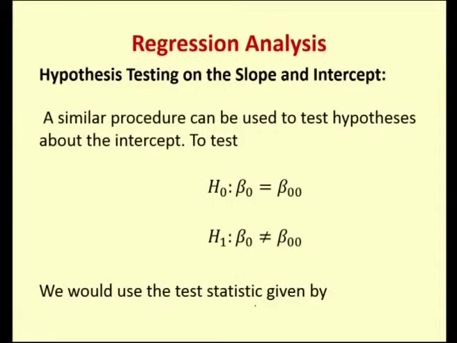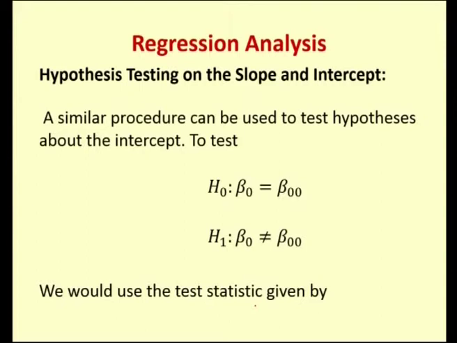Now, a similar procedure can be used to test the hypothesis about the intercept. In the previous one we performed the hypothesis testing on the slope, and in a similar manner we can perform the hypothesis testing on the intercept. So, here H naught is beta naught equal to beta 0 0 against H 1 such that beta naught is not equal to beta 0 0.